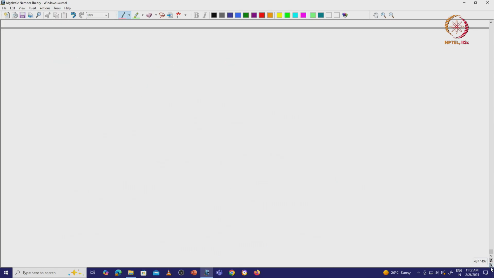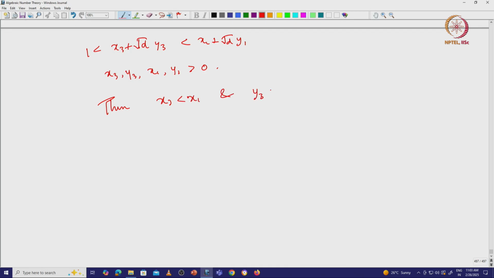Okay, so let's summarize what we have done again. So 1 is less than x3 plus square root of d y3, which is less than x1 plus square root of d y1, and x3, y3, x1, y1 are all bigger than 0, right. So then we have x3 is less than x1 and y3 is less than y1.